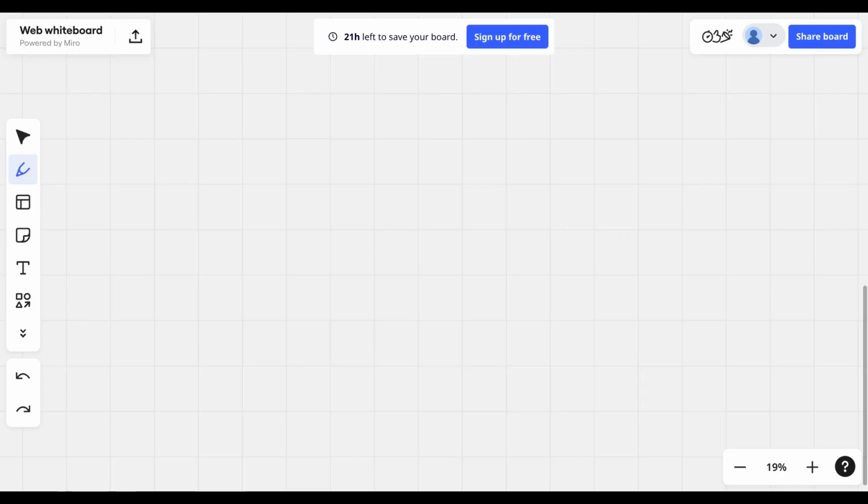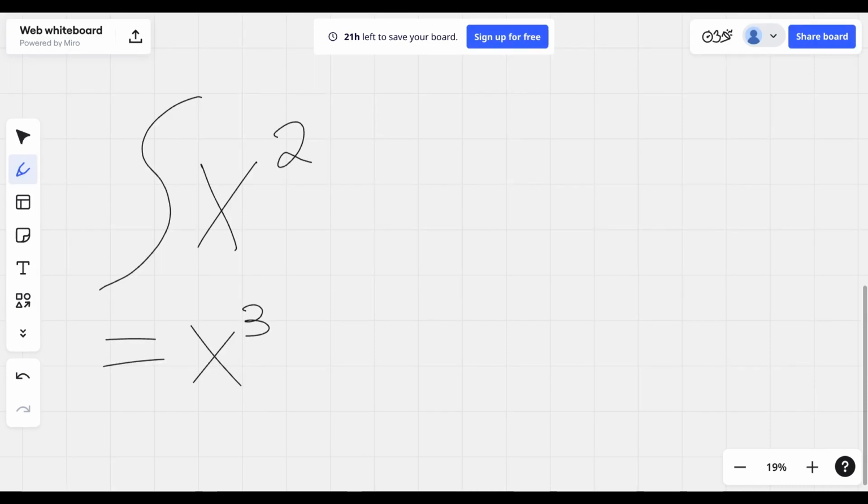So we're going to start with the power rule. Say you're trying to integrate x squared. You would add 1 to the exponent and divide by the new exponent.